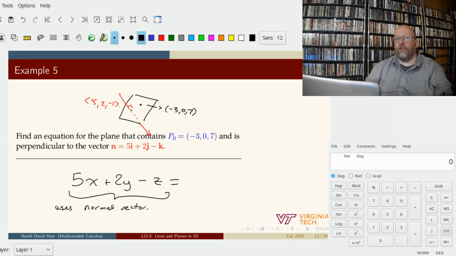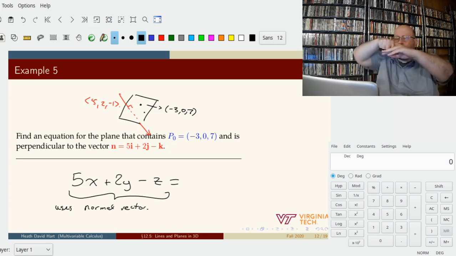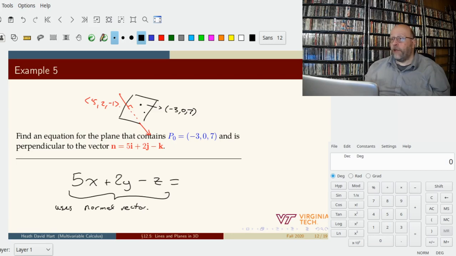There are actually two directions the normal vector can point. It can point above the plane or below the plane. You're allowed to use either one. It doesn't make a difference. Both answers will be correct. All right. So how do we find the right-hand side? The right-hand side is a constant, and it's the constant that has to work with this point.